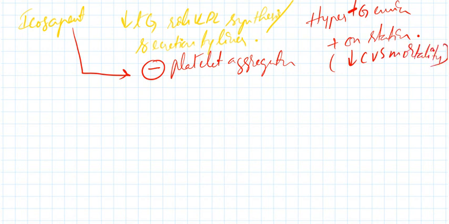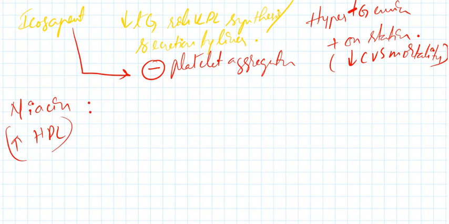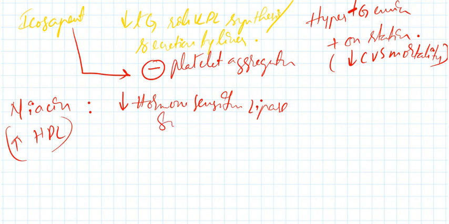Now, one last drug. This is the drug which increases HDL, high density lipoproteins. What is the mechanism of action of niacin? It decreases hormone sensitive lipase enzyme synthesis. It is the mechanism of niacin.